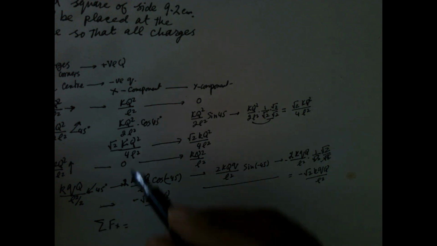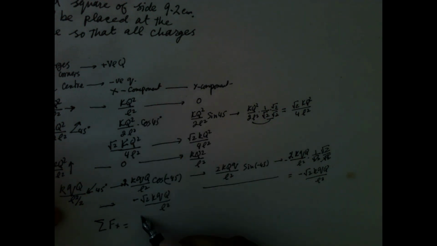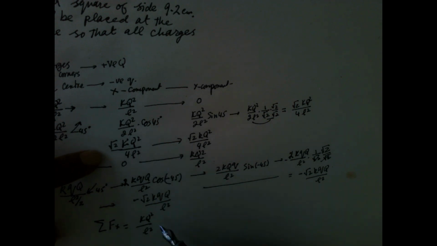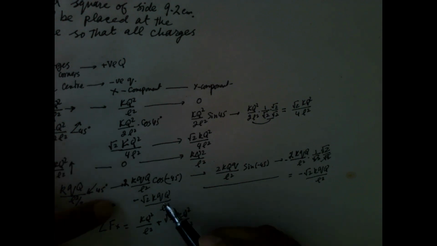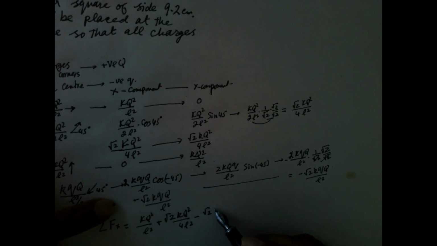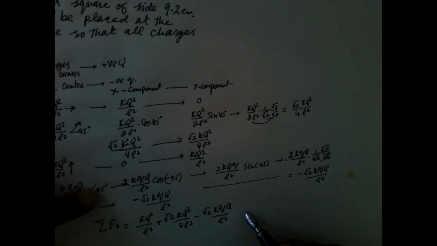Fx is equal to this component kQ squared over L squared, plus this component square root 2 kQ squared over 4L squared, plus this component minus square root 2 kqQ over L squared.